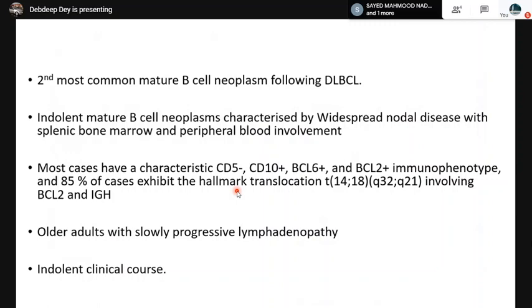Most cases have a characteristic CD5 negative, CD10 positive, BCL6 positive, BCL2 positive immunophenotype, and 85% of the cases exhibit the hallmark translocation t(14;18) involving the BCL2 and IgH. So these are mainly present in older adults with slowly progressive lymphadenopathy, and it has an indolent clinical course to the extent that sometimes the clinicians might not even want to treat this patient.